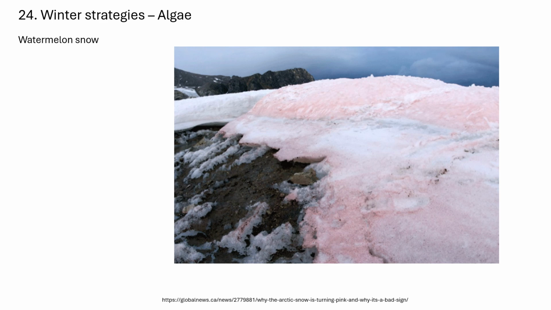But as snow ages, its reflective abilities decrease. And I'm not sure if I introduced the word albedo in that lecture, but albedo is a measure of how good the snow is at reflecting or absorbing light energy, or radiant energy.